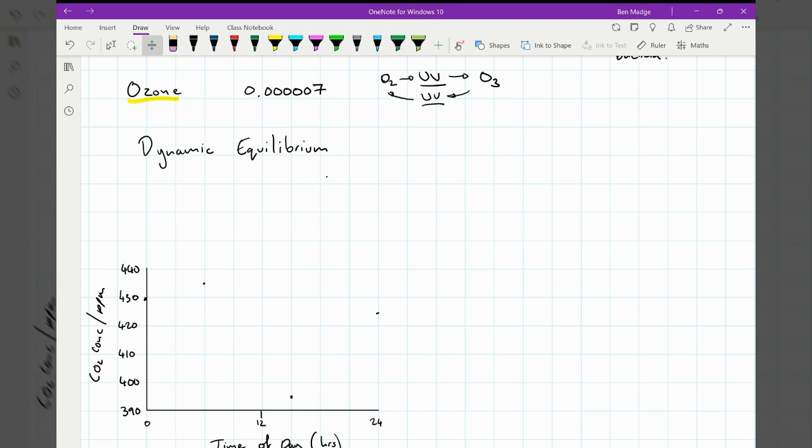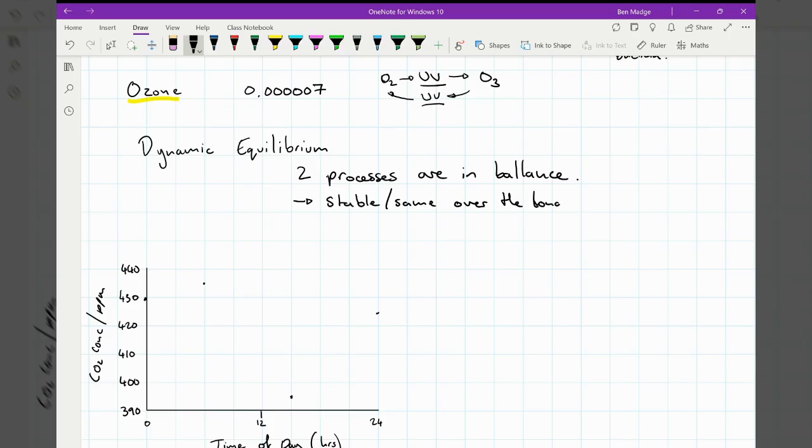So a dynamic equilibrium is where two processes are in balance, and this keeps it stable or the same over the long term. So even though we get fluctuations in concentrations, they will average out over a long time.